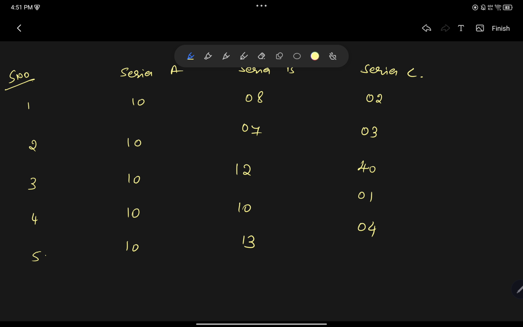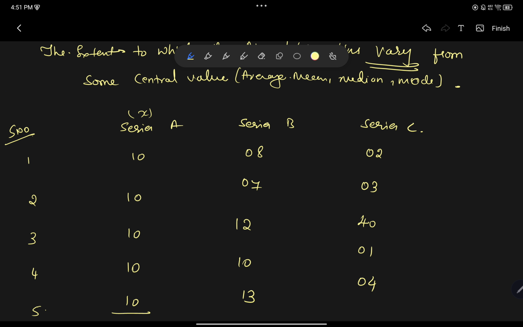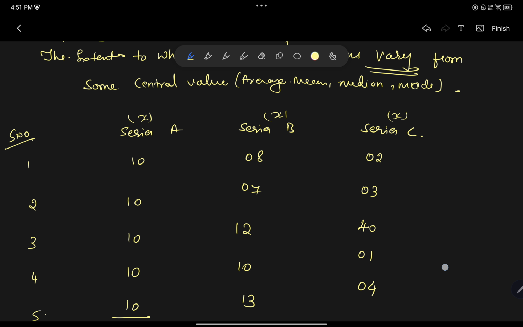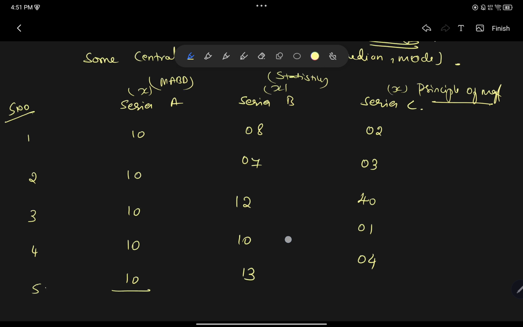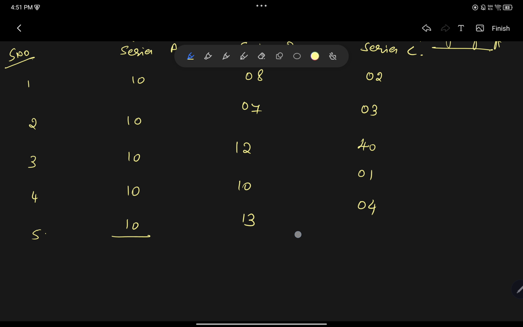Now if you observe, what is the total of this? These are all x. Series 1, series 2, series 3. Let's say 5 students are there, and the subjects are MABD, statistics and principles of management.